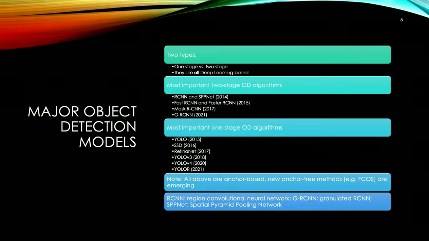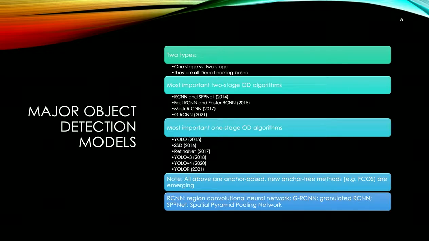All major object detection models are deep learning based, and they can be categorized into two general types, one-stage versus two-stage algorithms. The most important two-stage object detection algorithms include the RCNN, the region-based convolutional neural network, Fast RCNN and Faster RCNN, also Mask RCNN and G-RCNN. The most popular one-stage algorithms include YOLO, SSD, and RetinaNet.